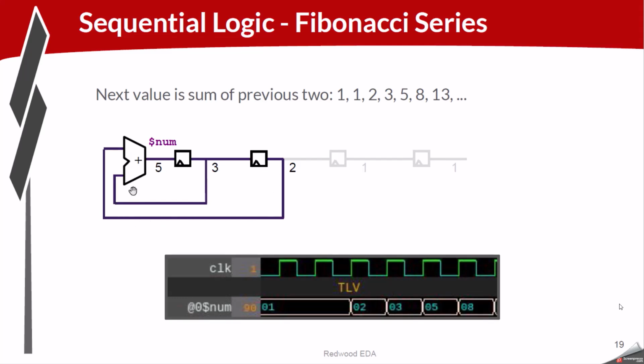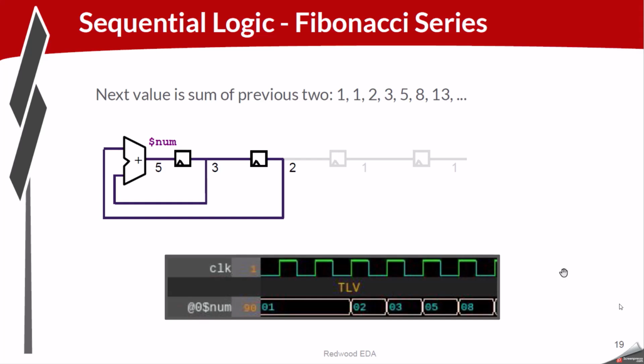And then 5 plus 3 equals 8. And again, we allow that to propagate forward. Resulting from this circuit, we'll see a waveform that looks something like what I've captured below in a screenshot. Assuming it starts off with 1s, it's going to then produce a value of 2, and then 3, 5, and 8, and so on.